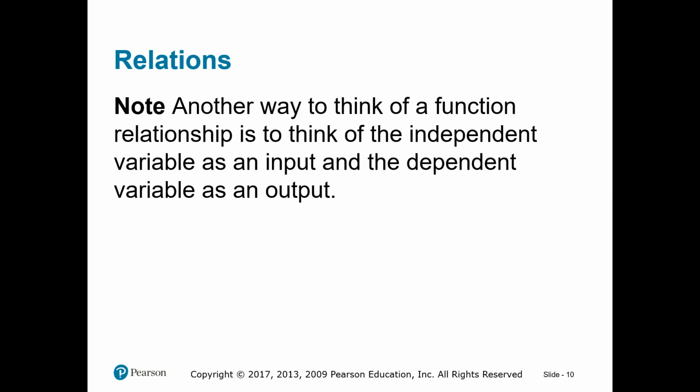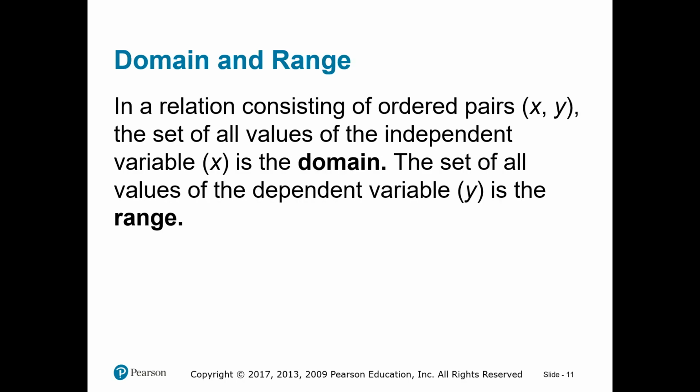And the next one is the domain and range. Domain is the set of all x values, or you can say set of values of the independent variable. You can say that.